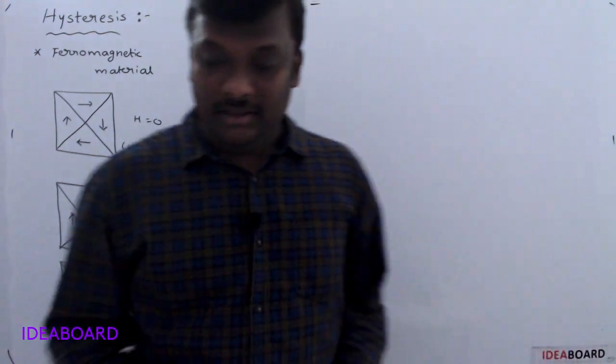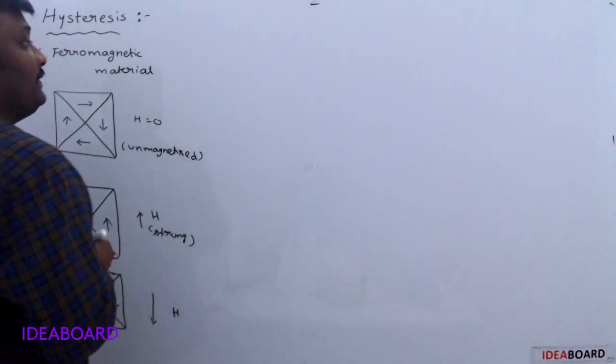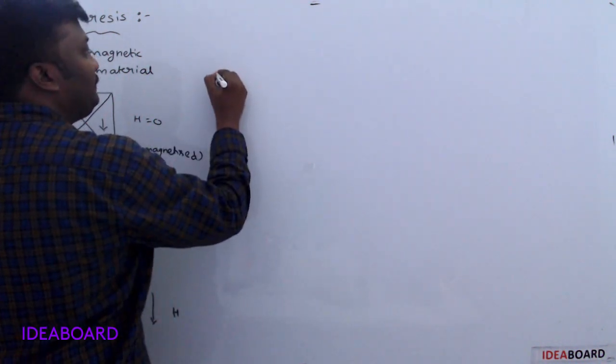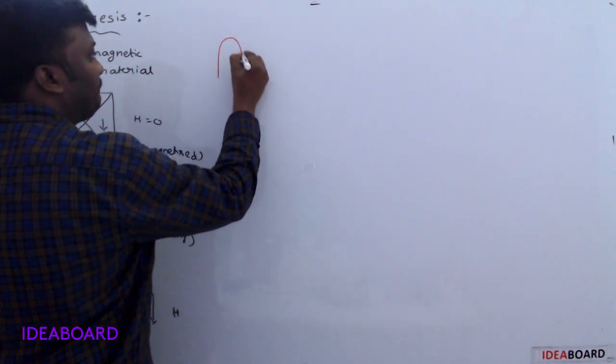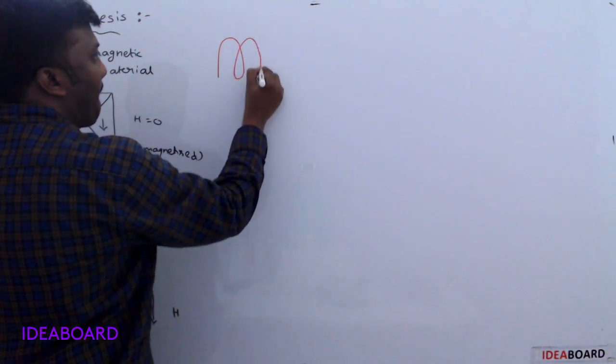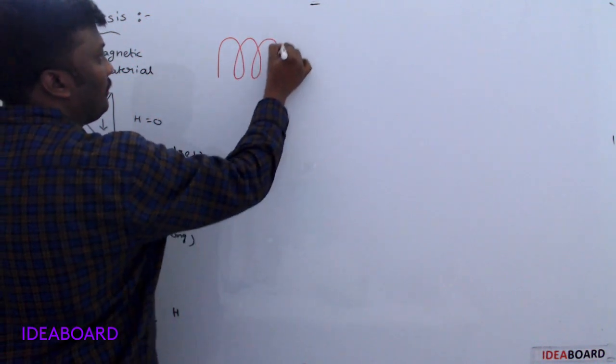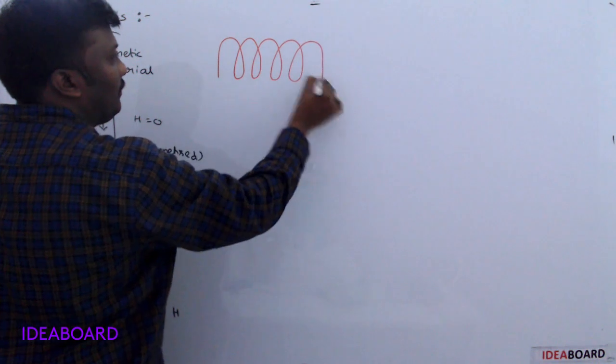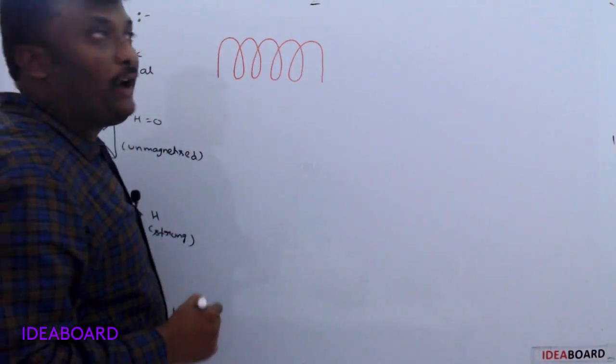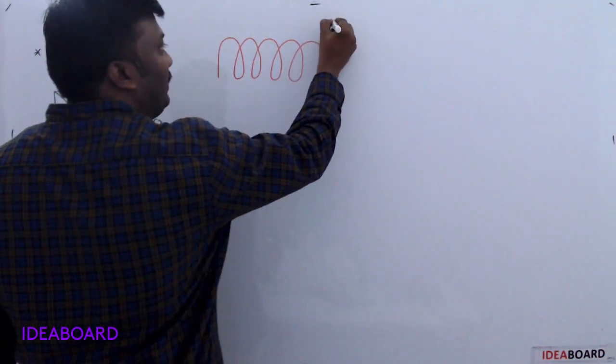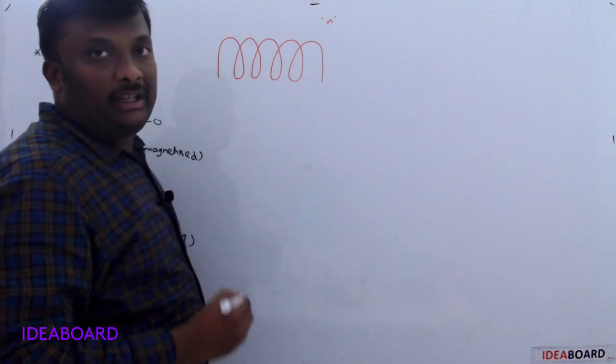Okay. Next, another important thing is about solenoids. I am considering a solenoid and n is the number of turns per unit length.